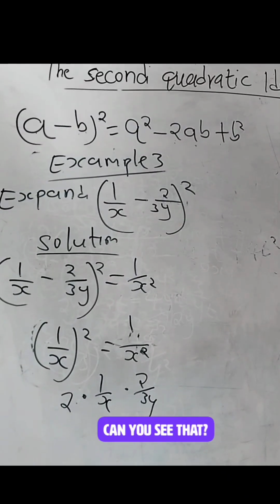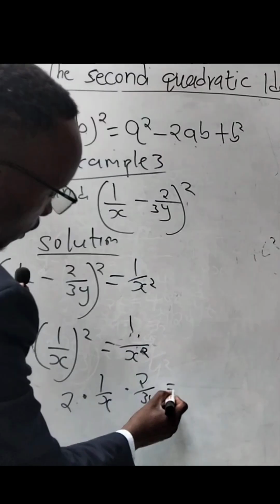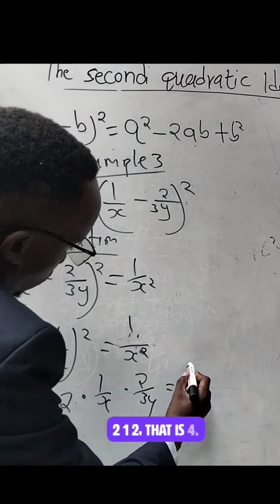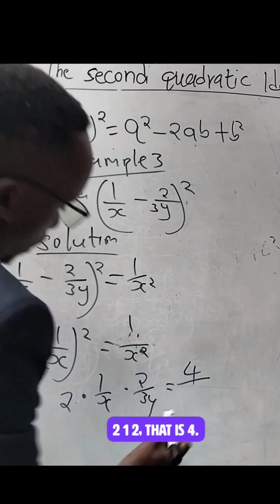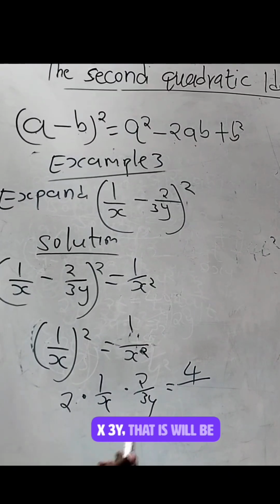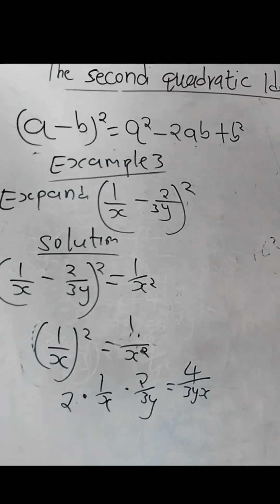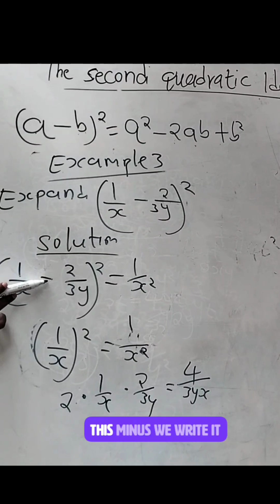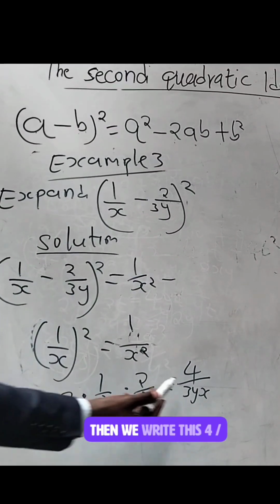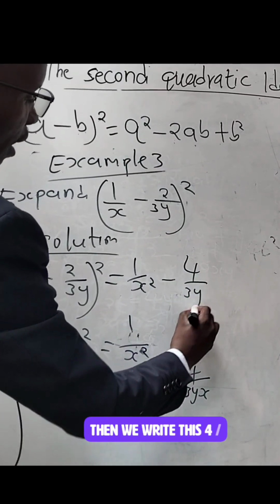Can you see that? So if we multiply that, what do we get? 2 times 1 times 2, that is 4. x times 3y, that will be 3yx. Remember, we have a minus here. This minus, we write it here. Then we write this 4 over 3yx.